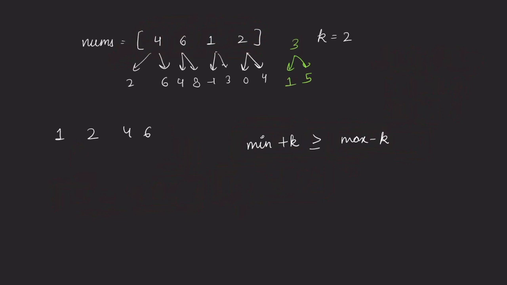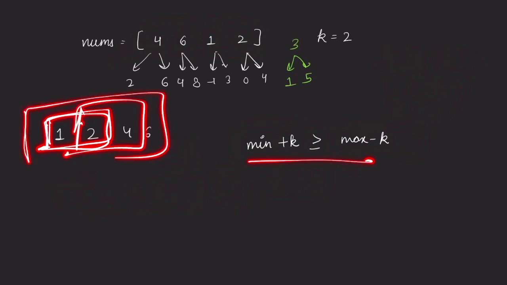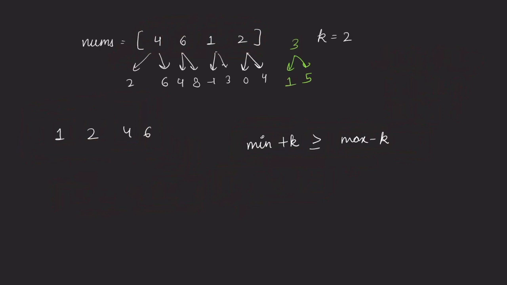Now we need to identify a range. So we will check whether this satisfies the condition, or this, or the entire array, right? Since we are trying to identify a range which can be anything, it is like a sliding window which will expand or shrink on the basis of some condition. If I introduce an element into my sliding window and the condition is still satisfied, that element can be included and I can expand my window further.